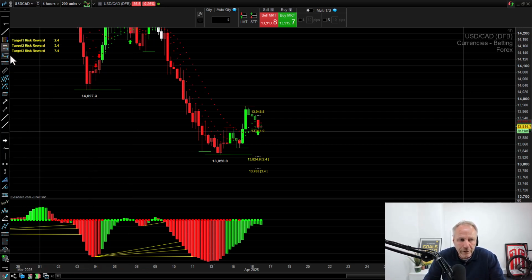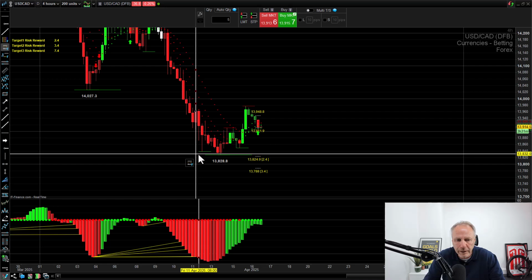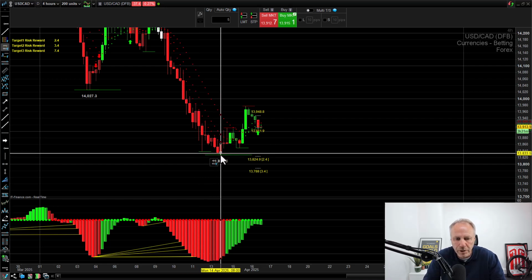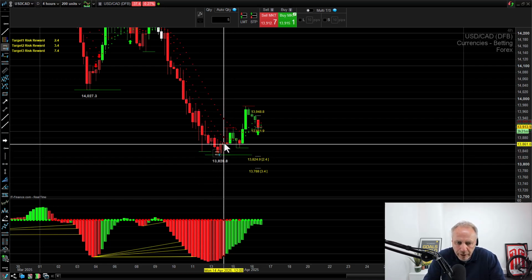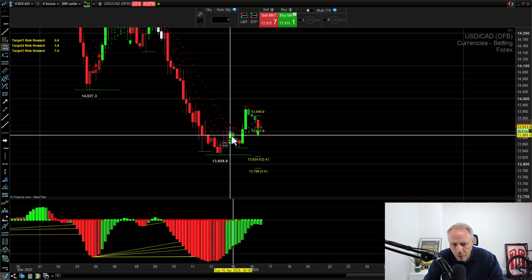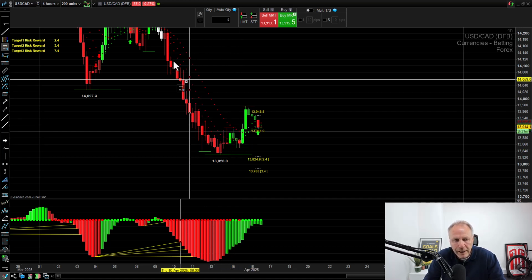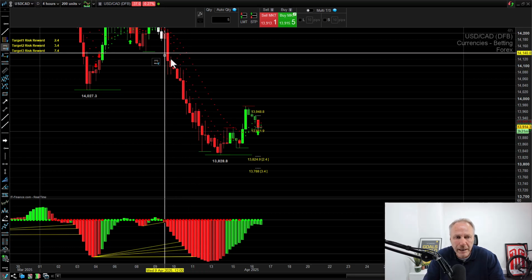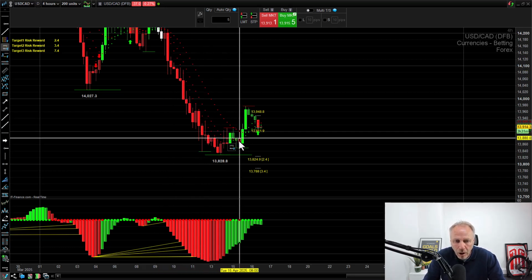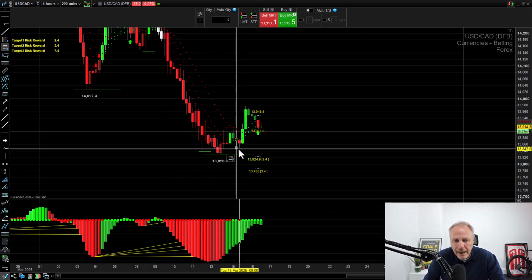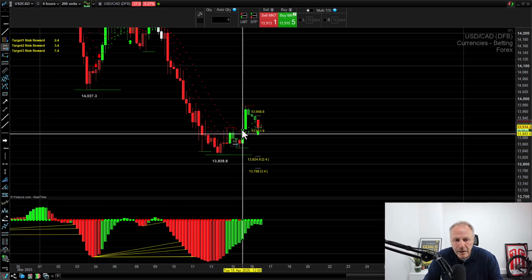I get it over here on the left hand side, drag it over and start it from the bottom. So it makes that move, then starts to pull back with the down move in the direction of the major trend. I'm looking in and around these areas for it to stop and then go up.